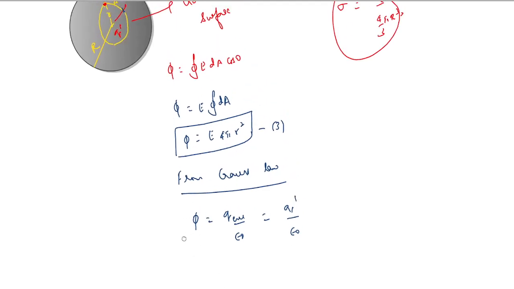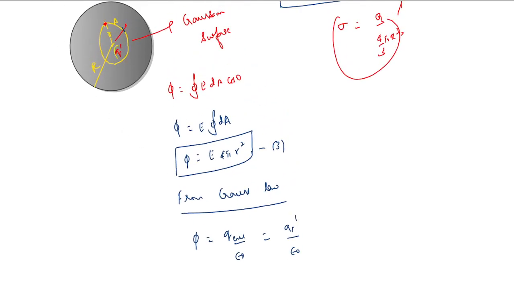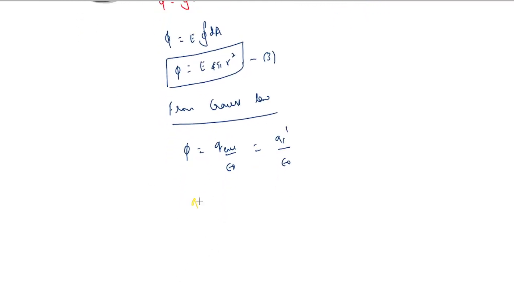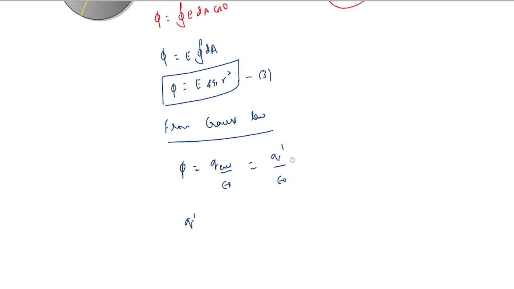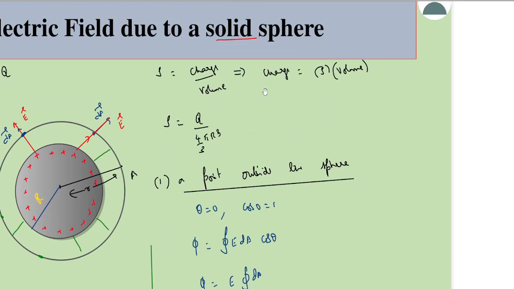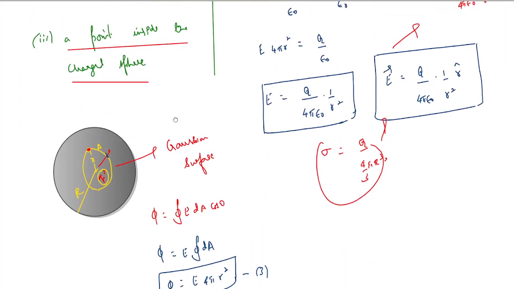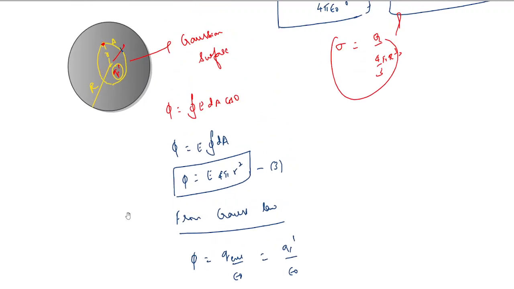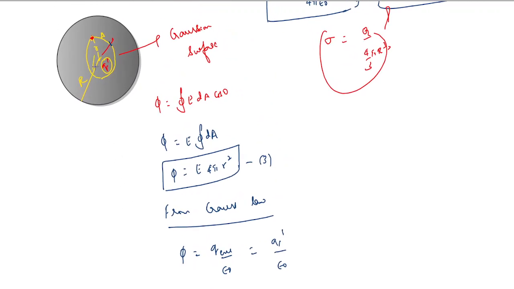So let's first find what Q dash is, because Q dash is the charge which contributes to the electric flux. From the definition of rho, charge would be rho into volume. The volume is that of the region where charge is present, because we're trying to find Q dash, the charge only for this region.